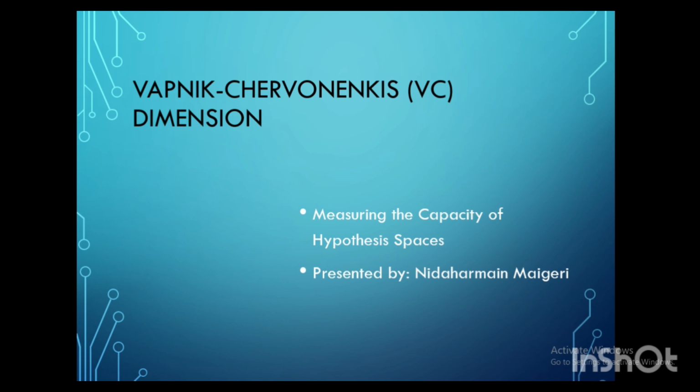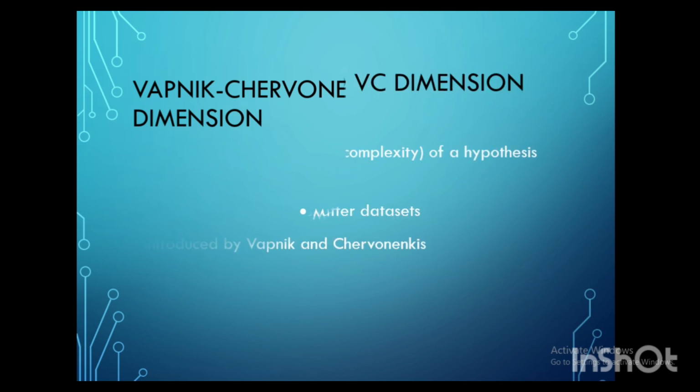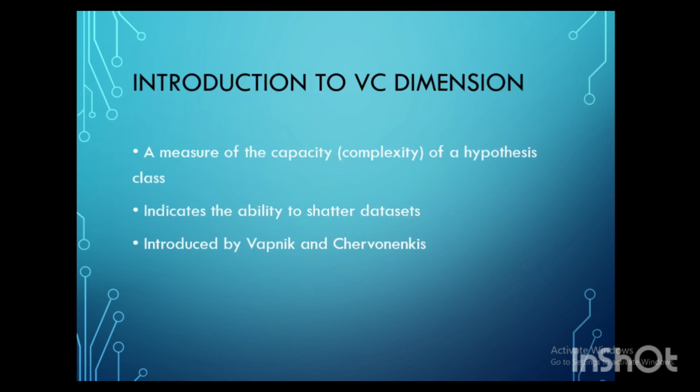Let's proceed with my PPT and the first slide, which is the introduction to VC dimension. A measure of the capacity or complexity of a hypothesis class, indicating the ability to shatter a dataset, introduced by Vapnik and Chervonenkis.